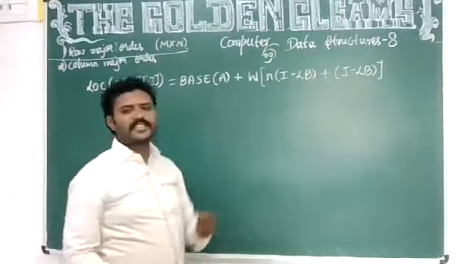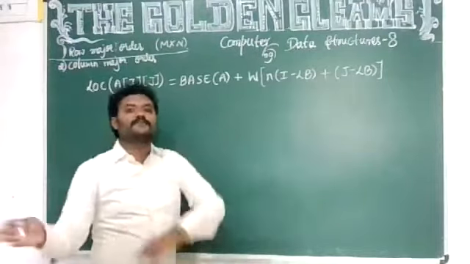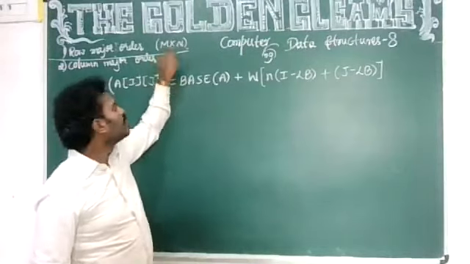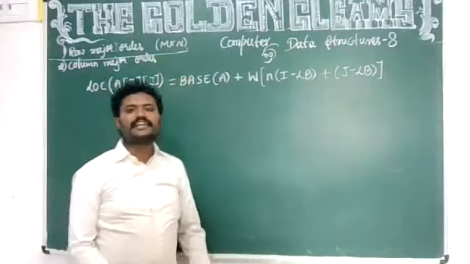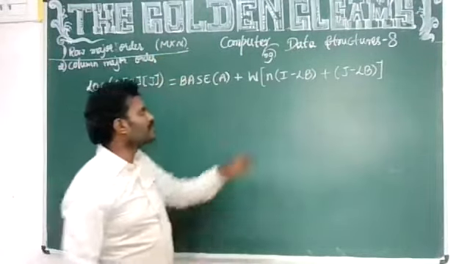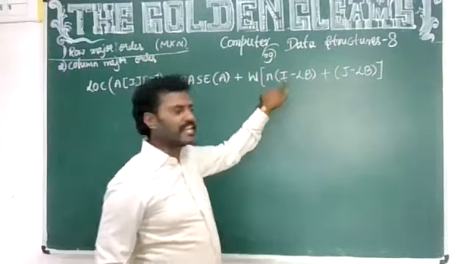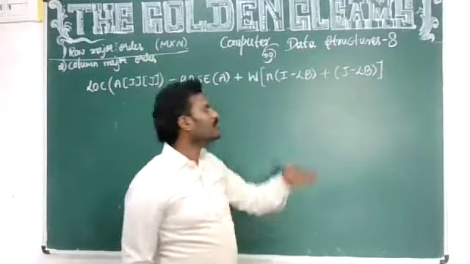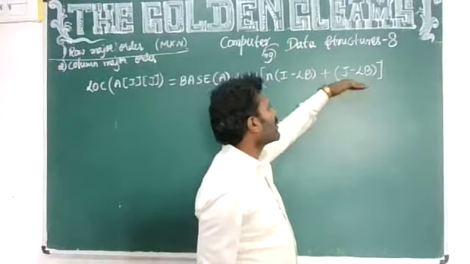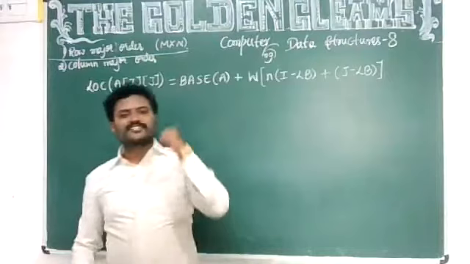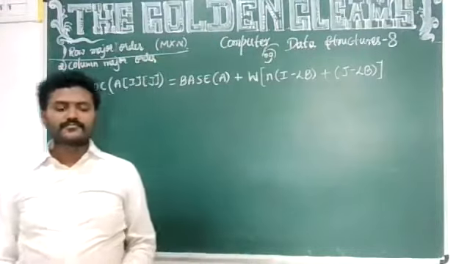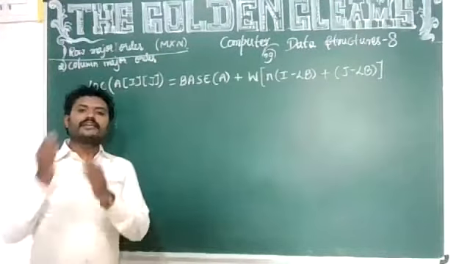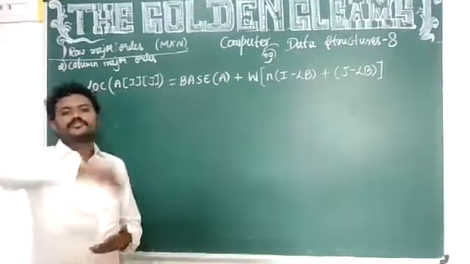N always represents the column. In M into N, M represents the row and N represents the column; it is the order of the array. I is the row variable, minus LB, where LB stands for lower bound, plus J minus LB. LB stands for lower bound, students.